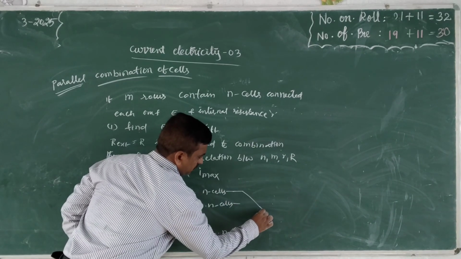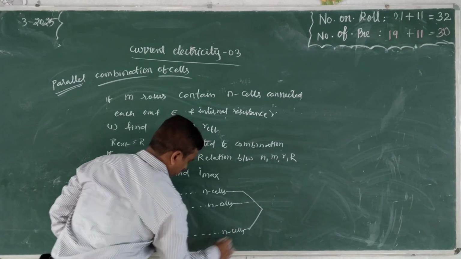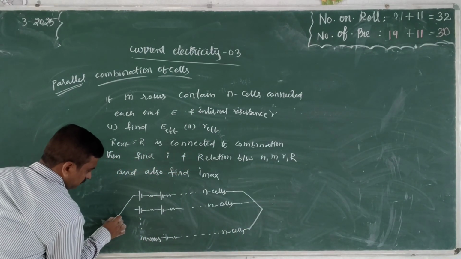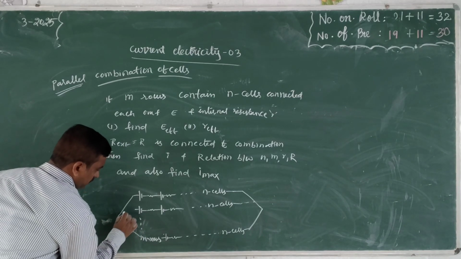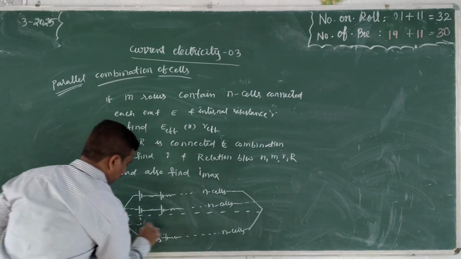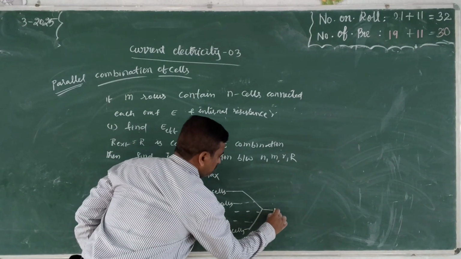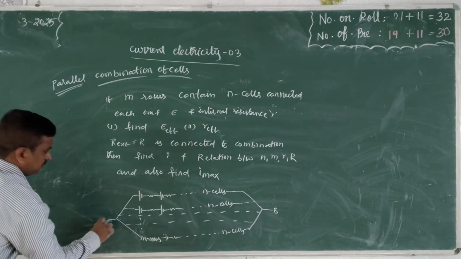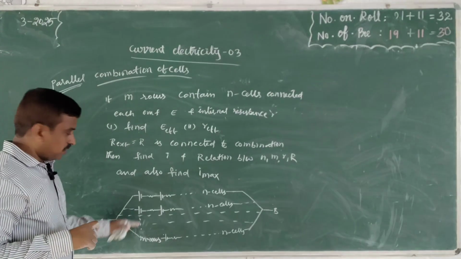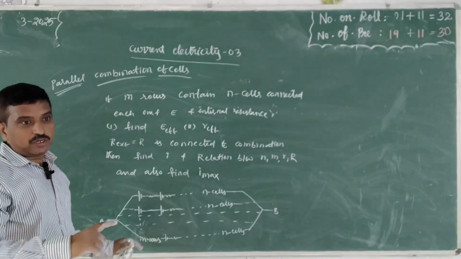See, it is B, it is A. These are connected in m rows and n cells, each row contains n cells.